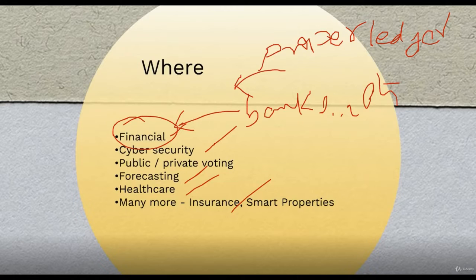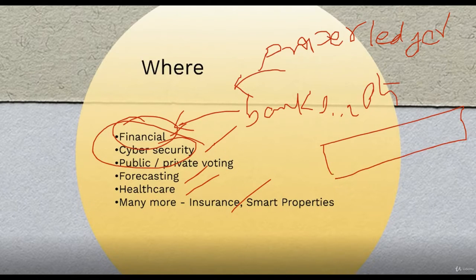Similarly, in cyber security, we know who is accessing which network, and we can keep track of everything. In forecasting, based upon predictions or past data, we can predict what is going to happen in the future, because all your transactions are going to be stored in the blockchain. With the previous transactions we can predict what will happen in the future.